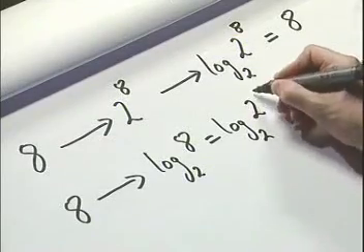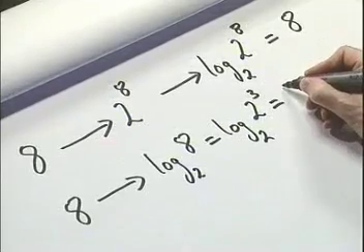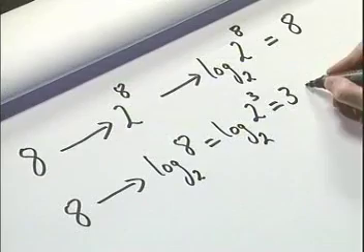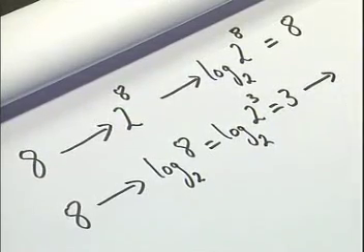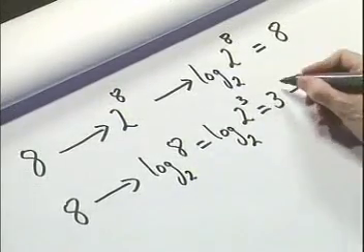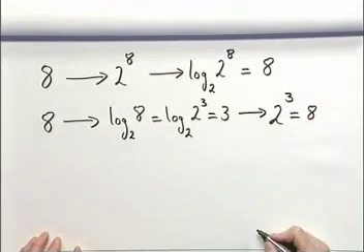I need it as 2 to the power 3. And that, of course, gives me the answer straight away. This number is 3. Now, I take my base number 2 and I raise it to this power 3, and the answer's 8.